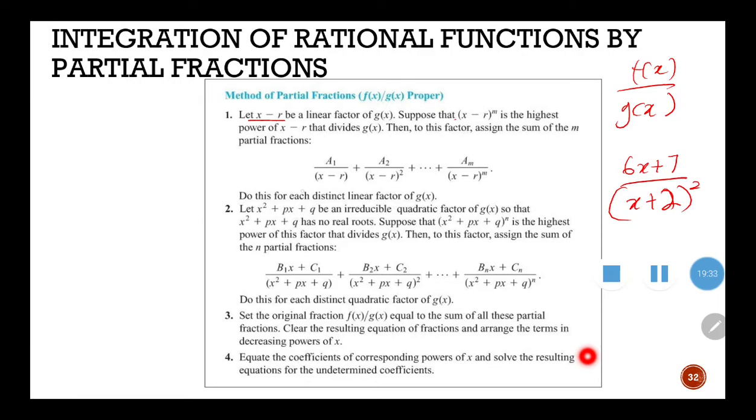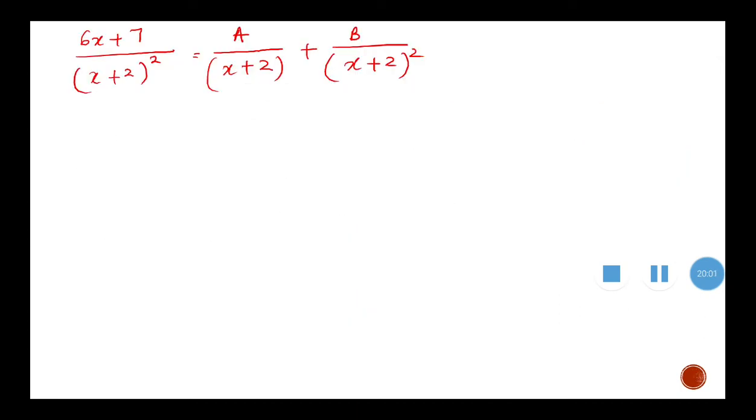So the way to do it is like this: a over x minus r, in our case a over x plus 2, plus b over x plus 2 squared. Okay, that is why we do it like this.